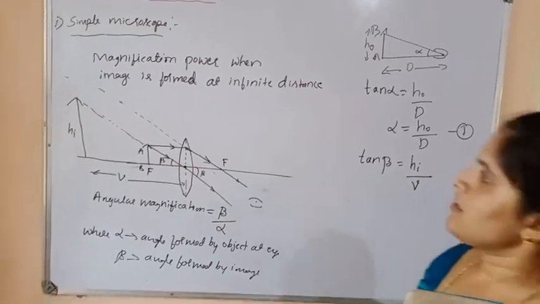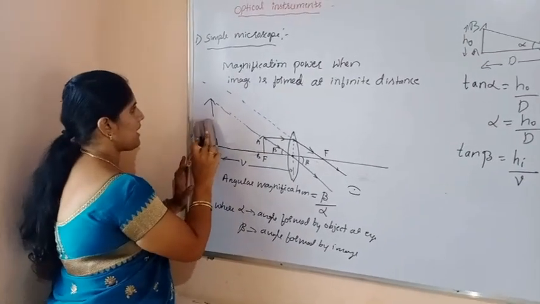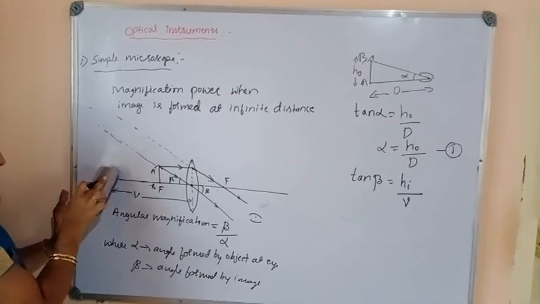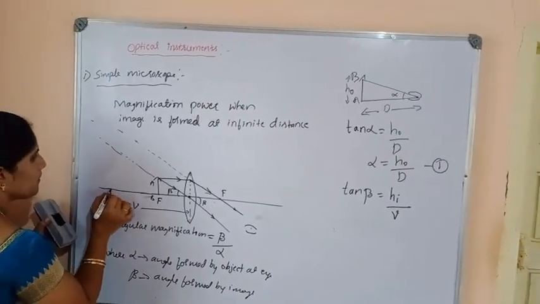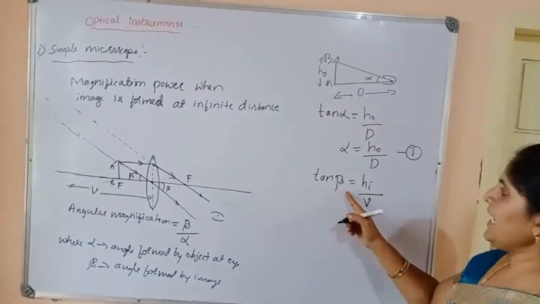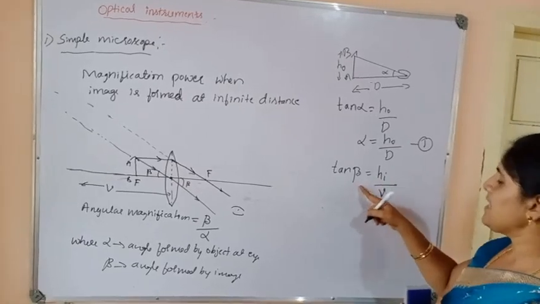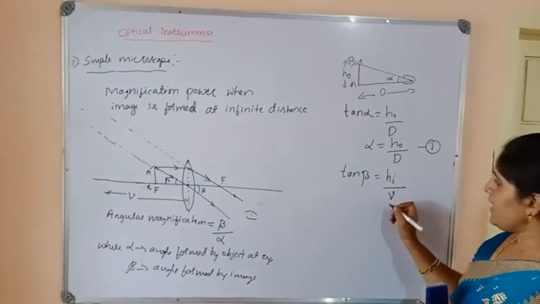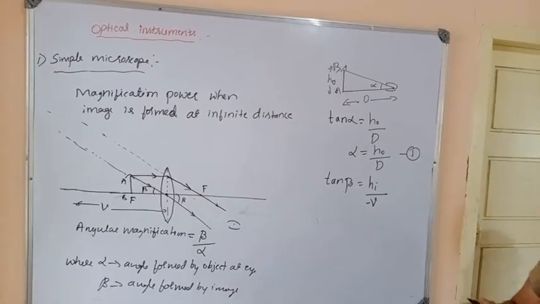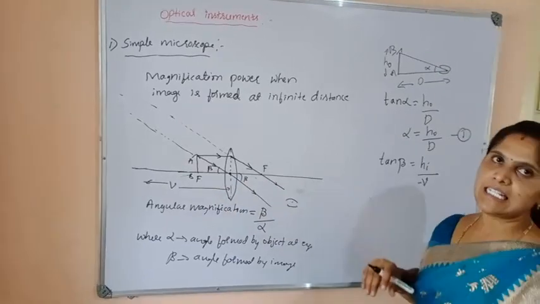This is not actually necessary, but for derivation purpose I have shown you. So HI by V. If beta is very small, tan beta is equal to beta. But we put a negative sign for V because this image distance is measured opposite to the direction of incident ray.